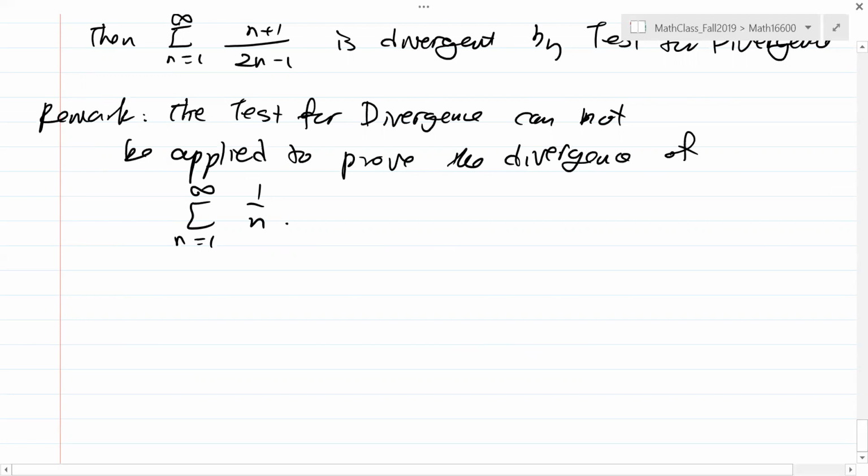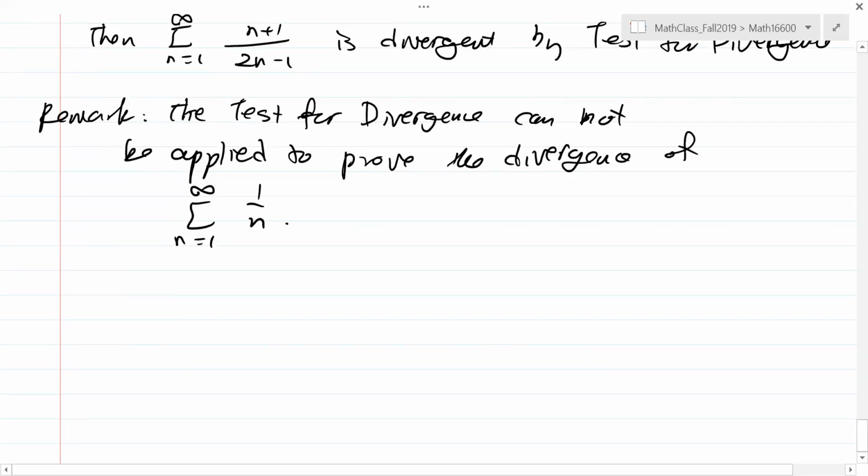It's not sufficient, so you cannot conclude whether the series is divergent or convergent. It's inconclusive if you use the test for divergence, and you have to prove it a different way, using different tests. We're going to learn them.